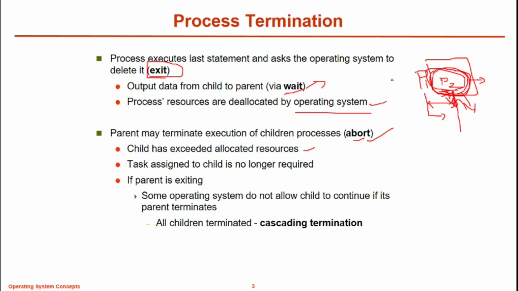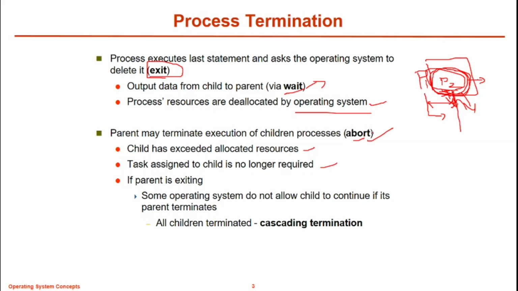Another case is when the task assigned to the child is no longer required. Some task is assigned by the parent to the child, and if it is no longer required, the parent can terminate the child process. If the parent is exiting, some operating systems do not allow the child to continue.